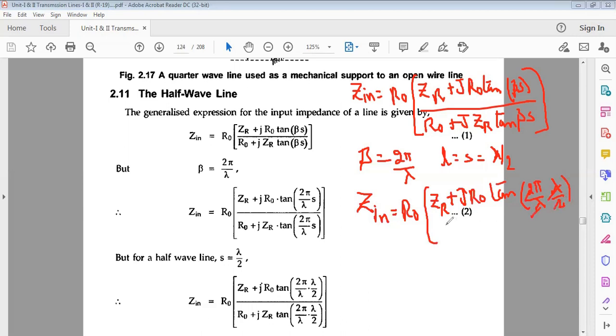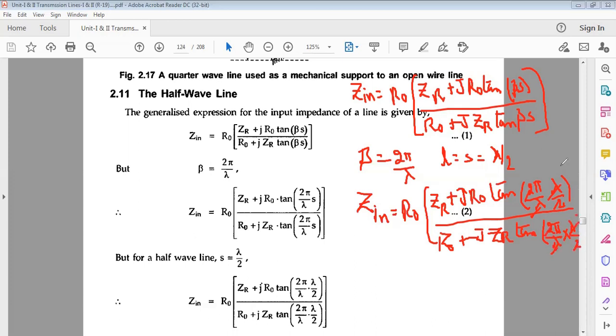Lambda gets cancelled, and 2 also gets cancelled. And Z, not the Z, R0 plus j ZR tan beta l, where beta is 2 pi by lambda and l is lambda by 2.